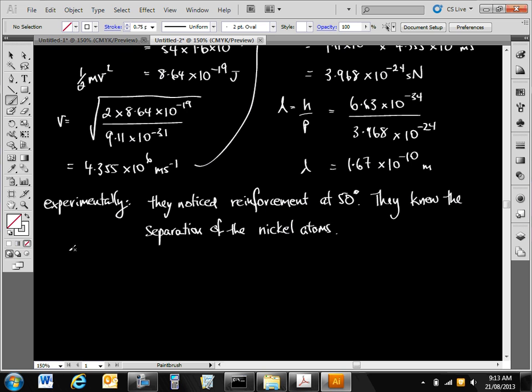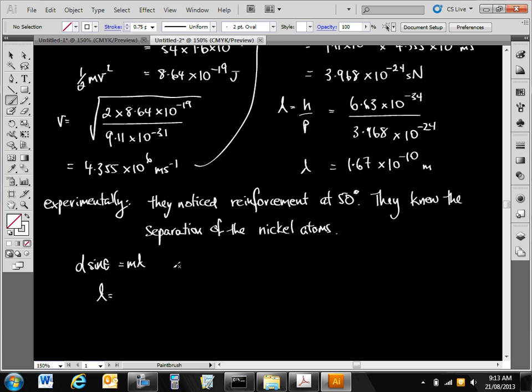If they could show d sin theta equals m lambda, if they could show lambda using this experimental technique, then it's good evidence for matter behaving as a wave, or very, very strong evidence. Conclusive evidence, perhaps.